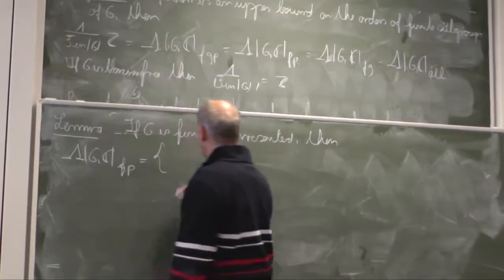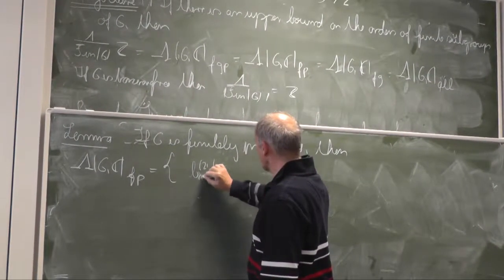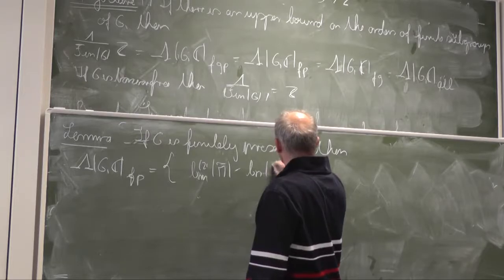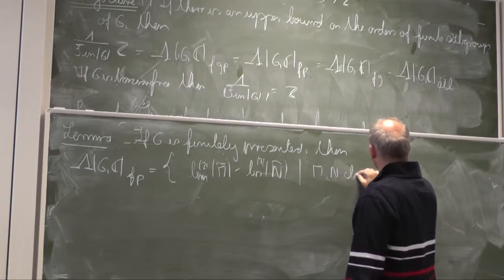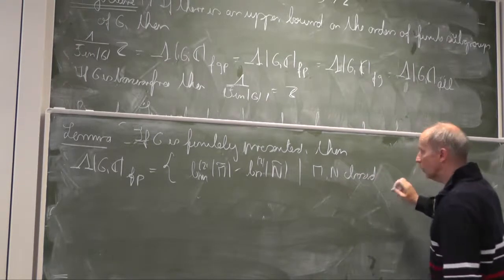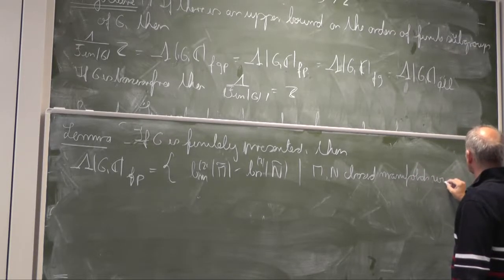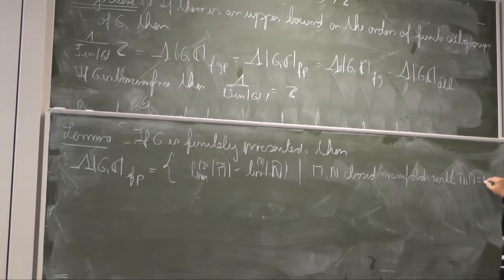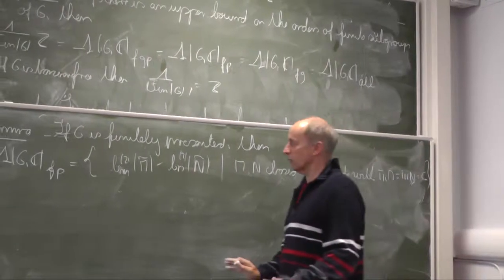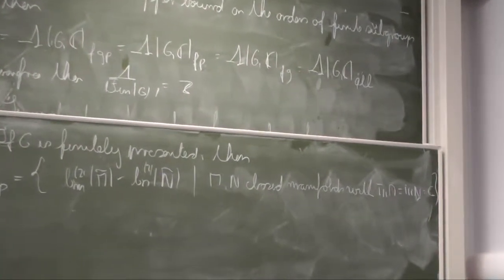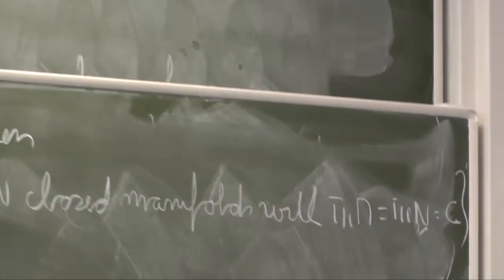And this turns out to be differences of Betti numbers where I allow any closed manifolds with the right fundamental group. So if I take all possible manifolds which have G as fundamental group, you get some Betti number of this manifold, take the difference, I get an additive group, it's exactly this group here.